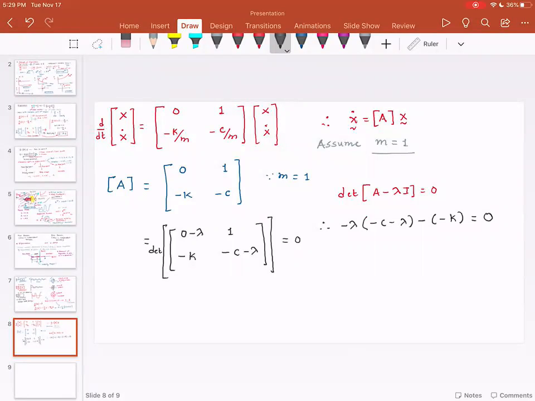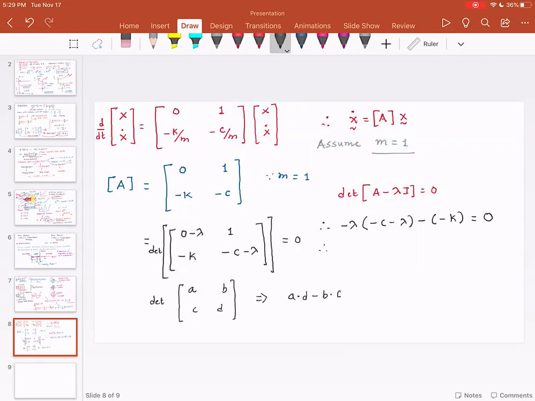So for a 2 by 2 matrix, if I have a matrix [a, b; c, d], the determinant is a d minus b c. So what I did is a multiplied by d, which is minus lambda multiplied by minus c minus lambda.